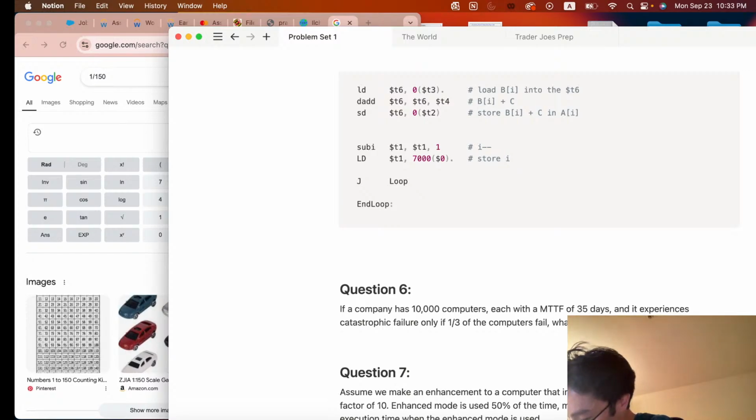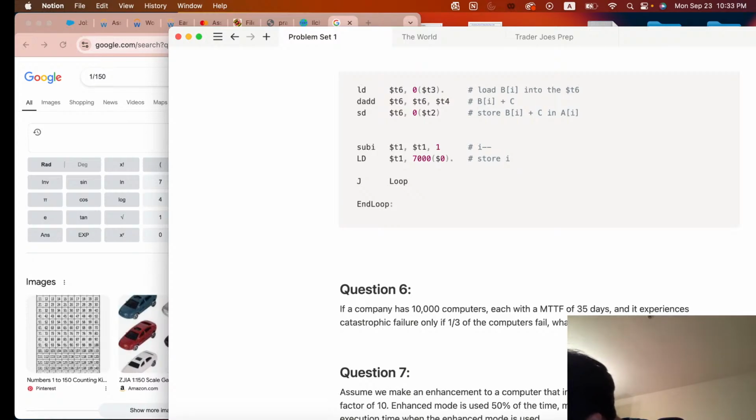Oh, wait, F over S. So it is F over S. Because F is the fraction in fast, parallelizable.